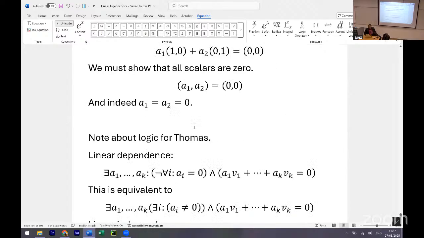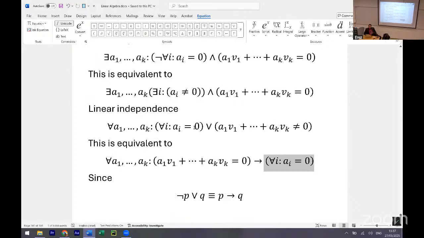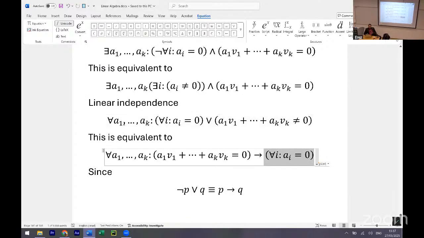This is the most complicated definition in linear algebra, and some students have some problem with it because it's logically more complex than other things. It's not horrible, in my opinion. It's not like the definition of a limit, but it's still more than you're used to.